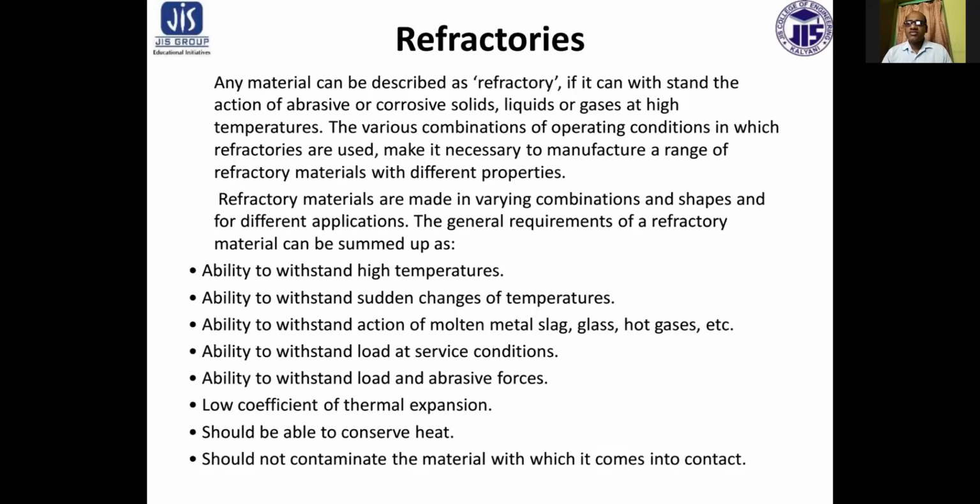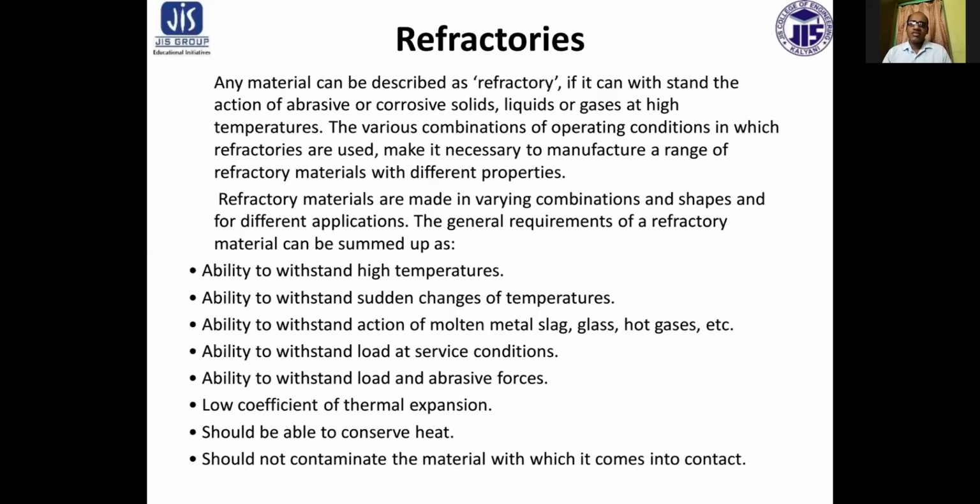The various combinations of operating conditions in which refractories are used make it necessary to manufacture a range of refractory material with different properties.